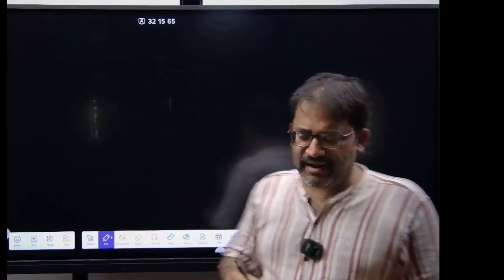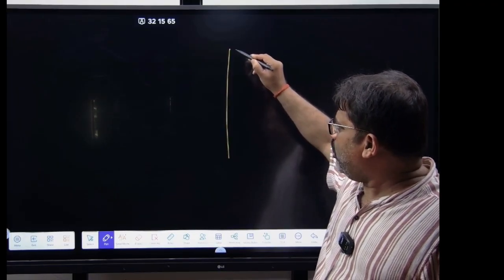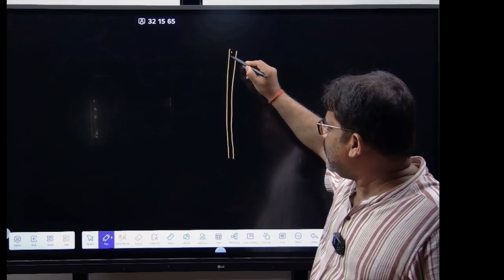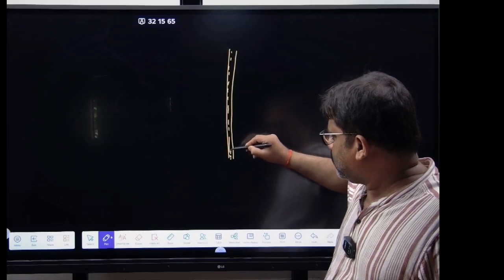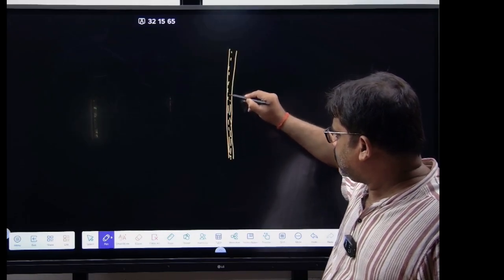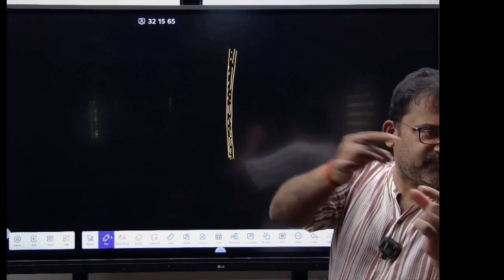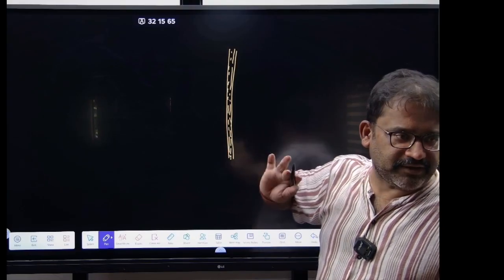Normally you might have seen a capillary in your first year laboratory. There we get one glass rod, and inside the glass rod we have a small glass fiber-like structure. So this is called a capillary.